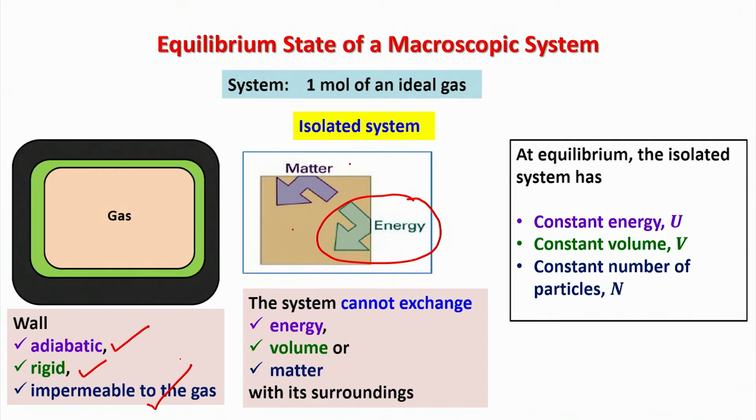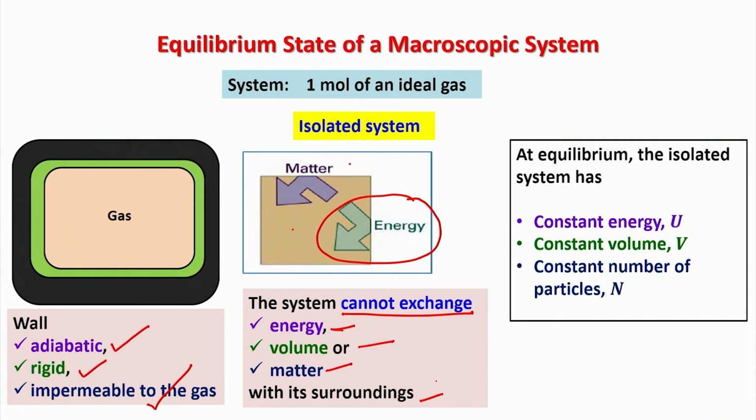So, under such condition, I would say that I have prepared the system of 1 mole of an ideal gas that cannot exchange energy, volume or matter with its surrounding. And therefore, all the properties of this system will remain what it is if I go on making any kind of observation on this.